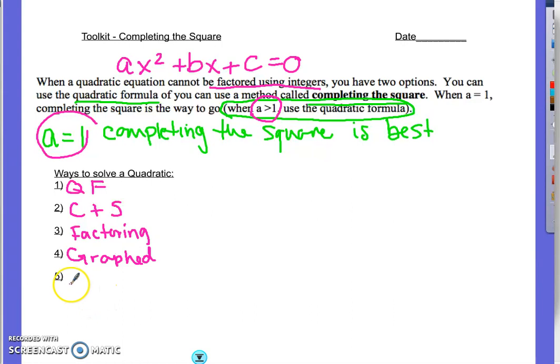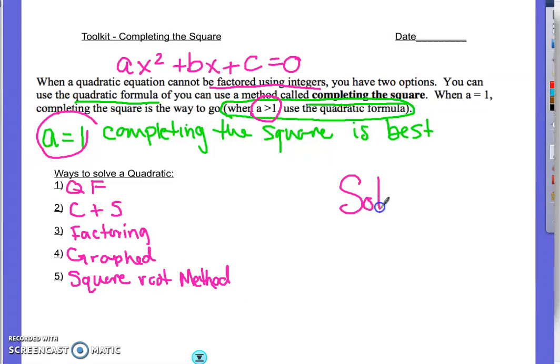Okay, and there's one more method that I'm going to show you just a brief example about called square root method. Okay, and it's good, but it's not often very helpful. Anyway, it's good for a specific example. So those 5 ways we know how to solve a quadratic.